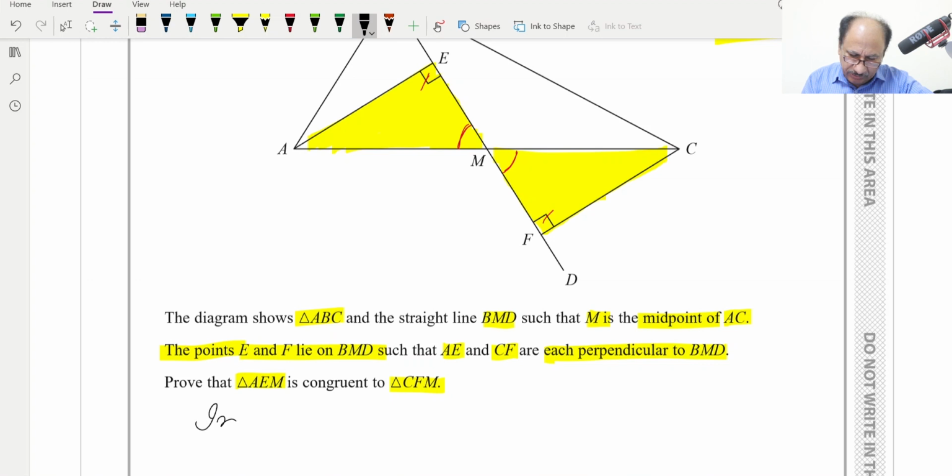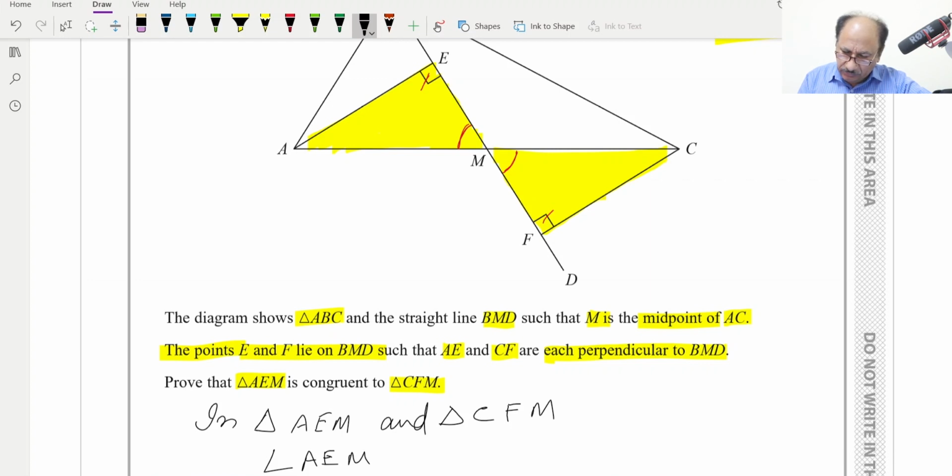I will write in triangle AEM and triangle CFM, angle AEM is equal to angle MFC.